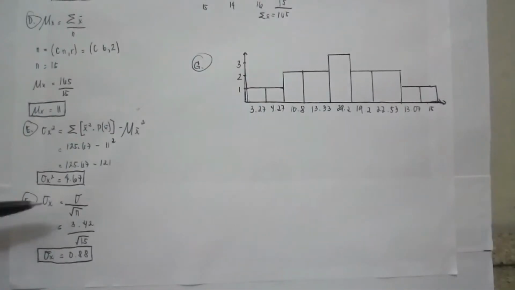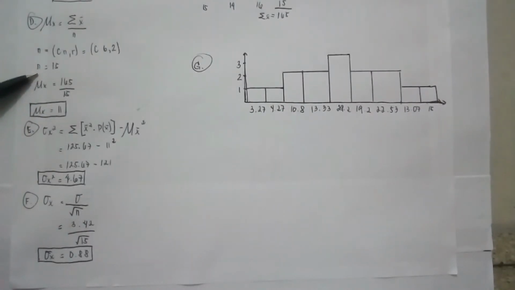And next is the standard deviation of the sampling distribution. So, para makuha ang value nito is ang value ng standard deviation of the population ay i-divide sa square root of n, which is the samples.